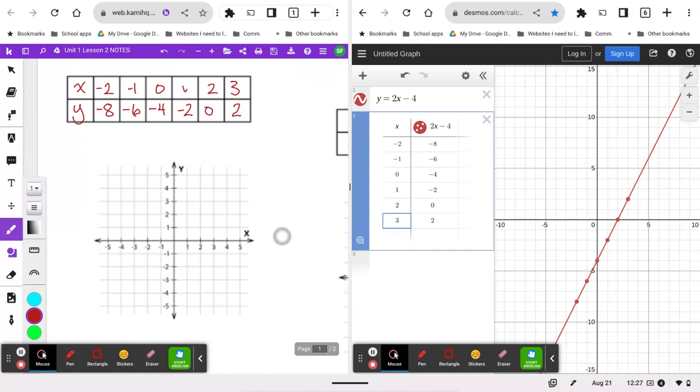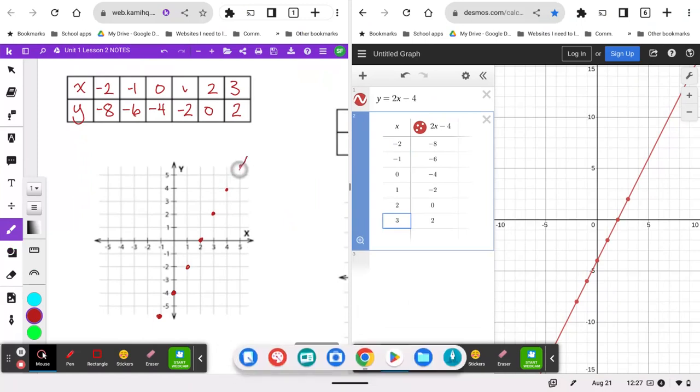So we're going to get -1, -6, it's just a little bit off, 0, -4. If you know graphing linear equations, we're just going up 2 over 1, positive slope.